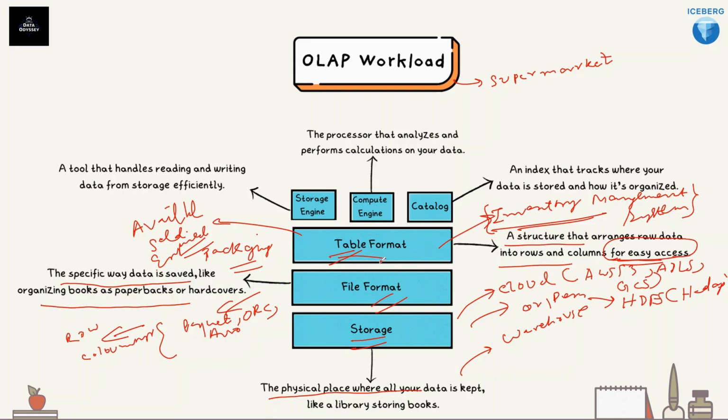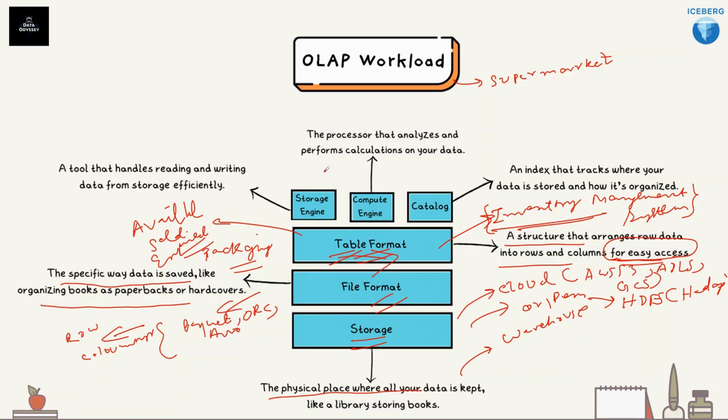Suppose you perform a wrong transformation on the data and a newer version has been created. Now you don't want the latest version, you want the older version because it's the most accurate form of the data, correct? Then you can perform a version rollback on the data, and this kind of task is facilitated by the table format. All right, so this is what table format is all about.